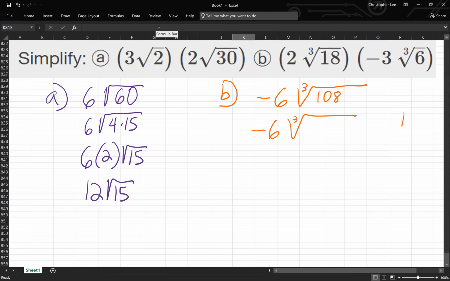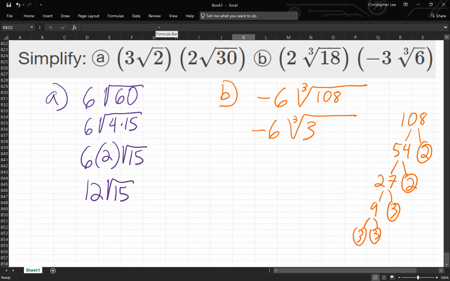So if you don't know, just do the tree. The tree will never fail you, right? This is 54 and 2. This is 2 and what's that? 25, 26, 27. And then this is 9 and 3, and then 3 and 3. So we got 3 threes, right?